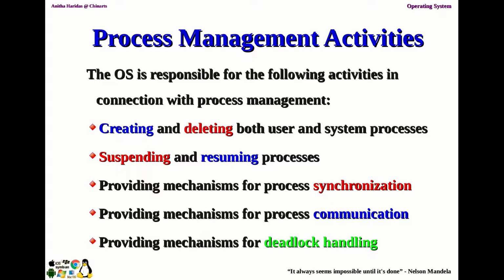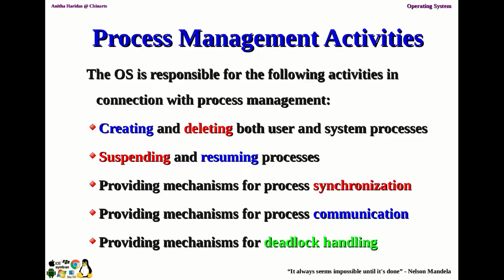Whenever there is more than one process, another very important mechanism to be provided is deadlock handling, because more than one process will be requesting a resource, say memory or an input output device.